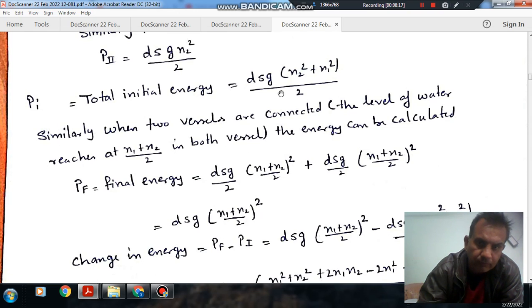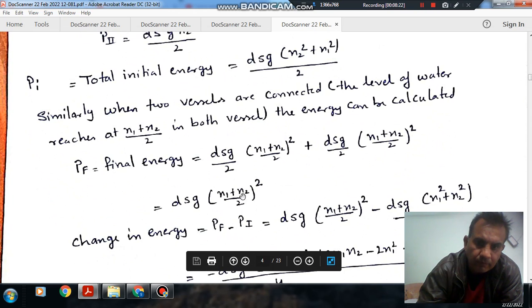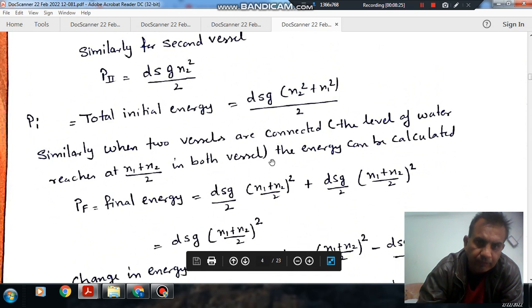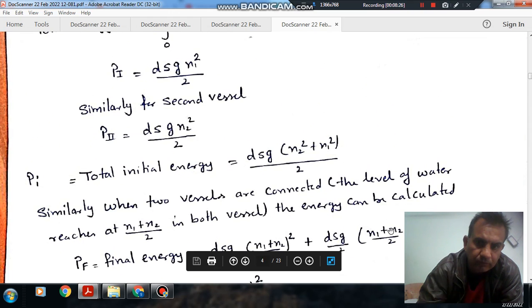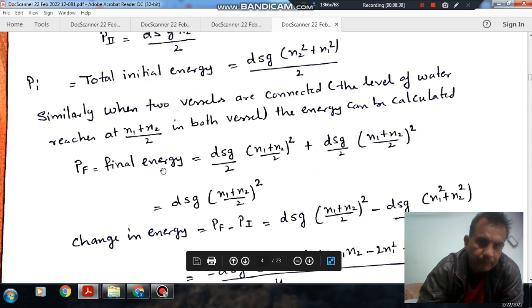We replace x1 by (x1 + x2) by 2 in the first, and x2 by (x1 + x2) by 2 in the second. So ρSg ((x1 + x2) by 2)² is the final energy.